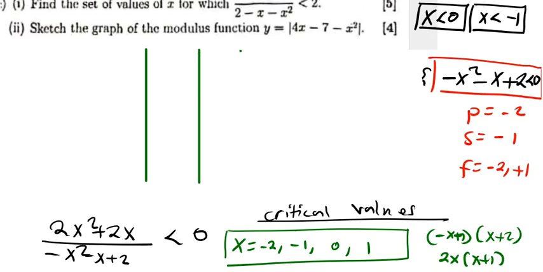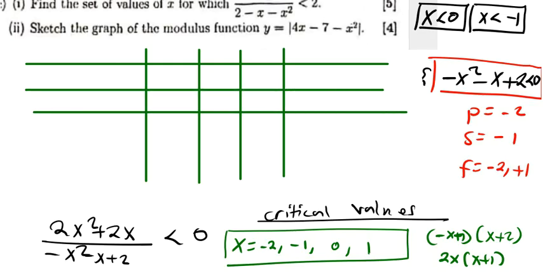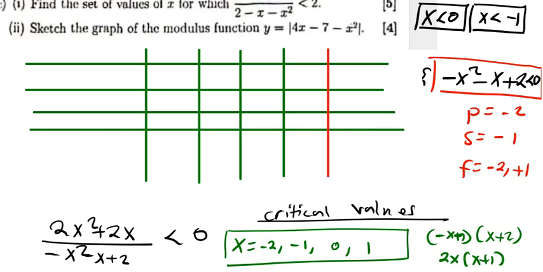Remember the critical values we have, there are 4. So we have the 1, 2, I need to put another one here. The critical values we have, the first one is negative 2, negative 1, 0, and 1.